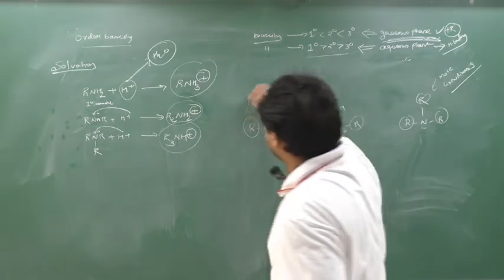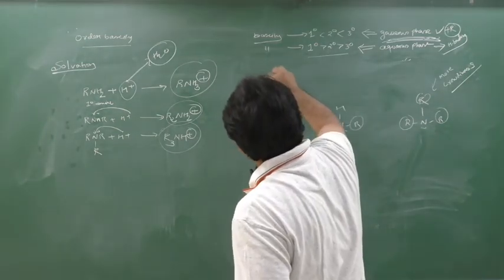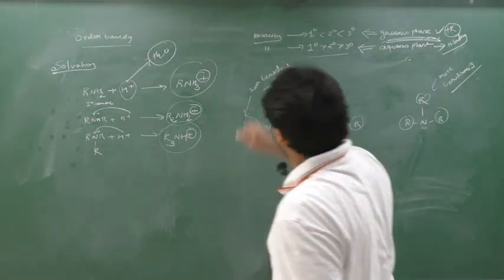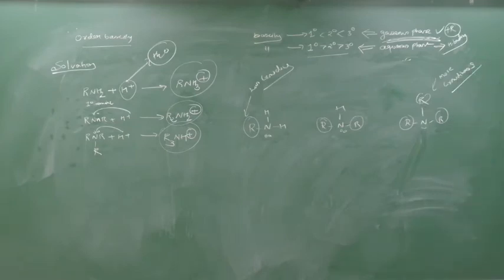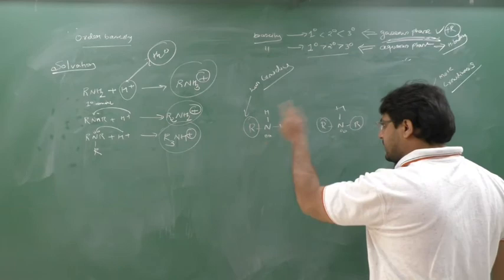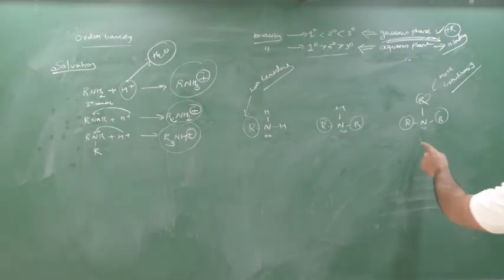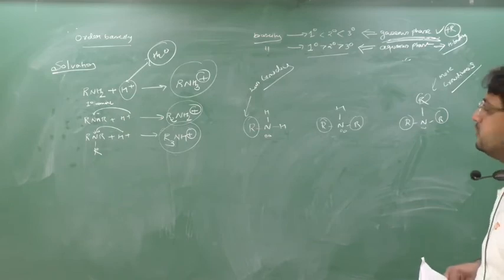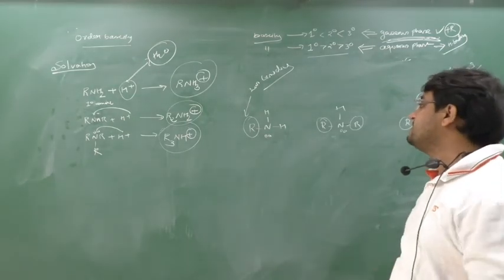Here there is less crowding, so the upcoming hydrogen can easily attach, because of only 1 R group. Here there is more crowding due to 3 R groups. So where can the upcoming H plus attach easily? Here.